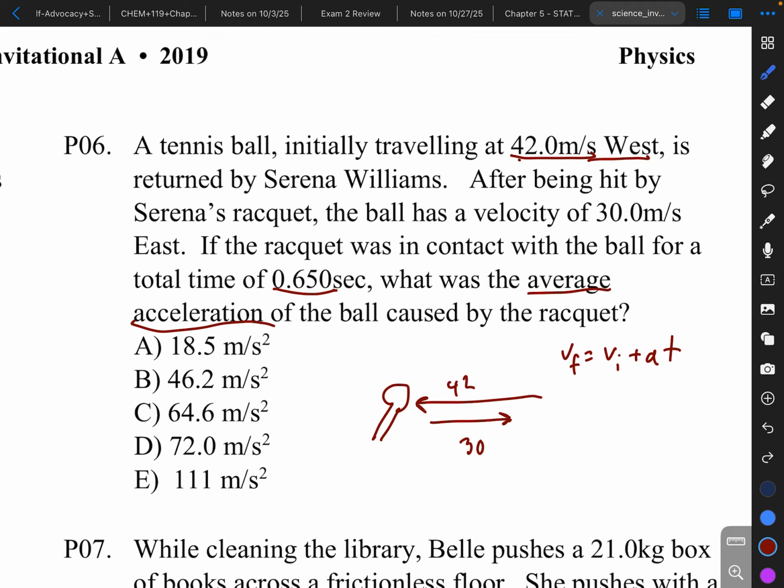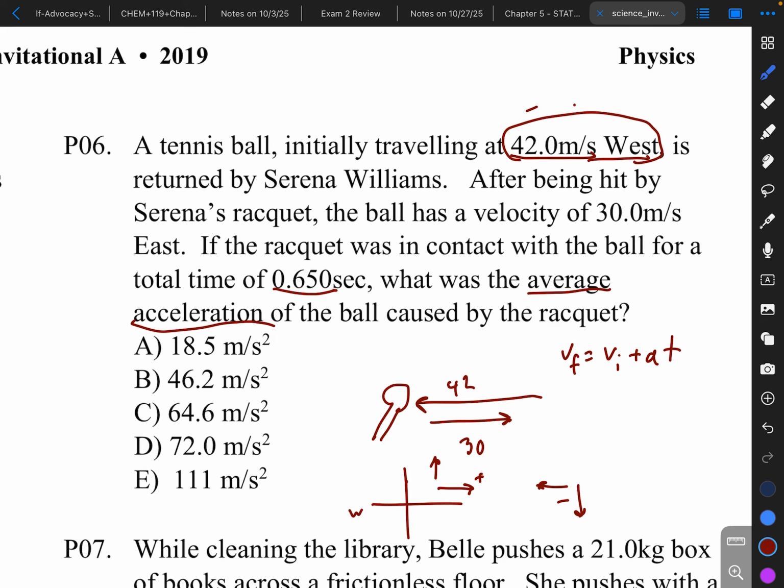Now, what is initial and final velocity? Well, we know initially it's been traveling 42 meters per second west. Mathematically, we think of right and up as positive. We think of down and left as negative. So when you're moving west, you're moving to the left, so we would think of this as negative.